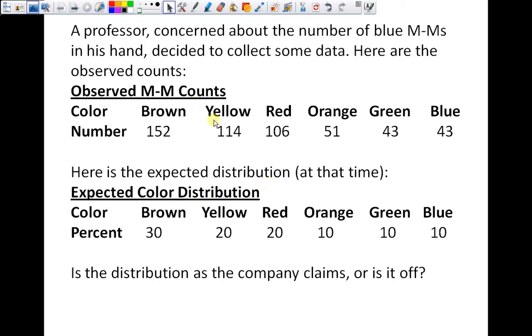So we need to get some expected values. Well, if you expect 30% of the M&Ms to be brown, then you expect 30% of your sample size, which we don't know yet, but you just add these numbers up and you get your sample size. We expect 30% of the total M&Ms to be brown, 20% of the total sample size to be yellow, and so forth.